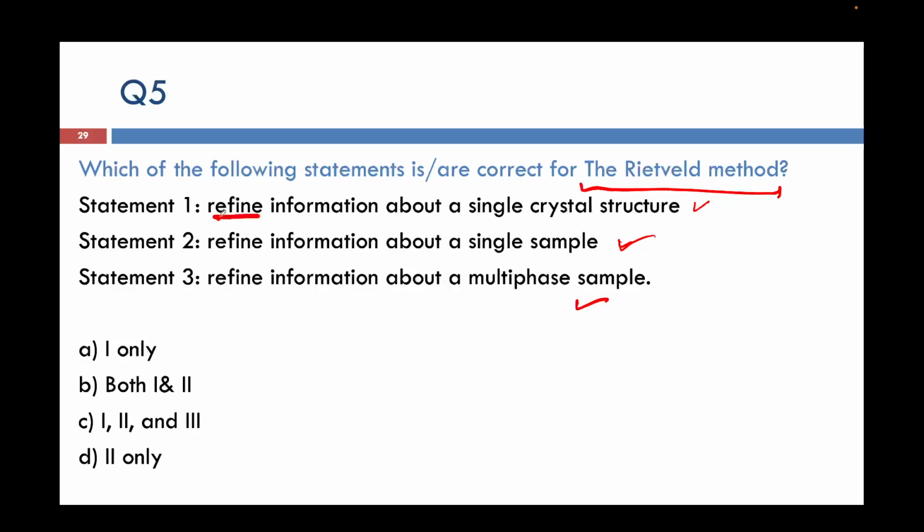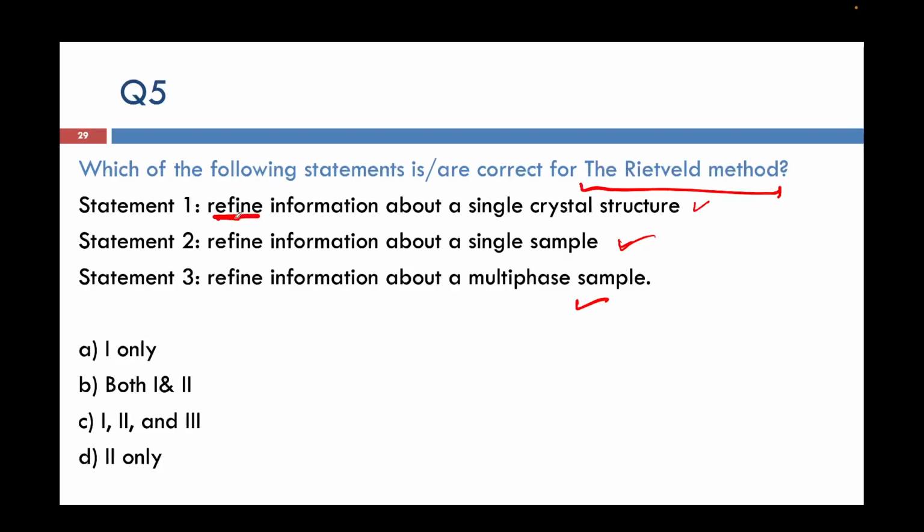Why has it written "refine information"? Because all this information we can get from normal indexing as well, but it will not be as accurate as the Rietveld method. In normal indexing we put in some kind of function and do the peak fitting a number of times, like 1, 2, 3 times.